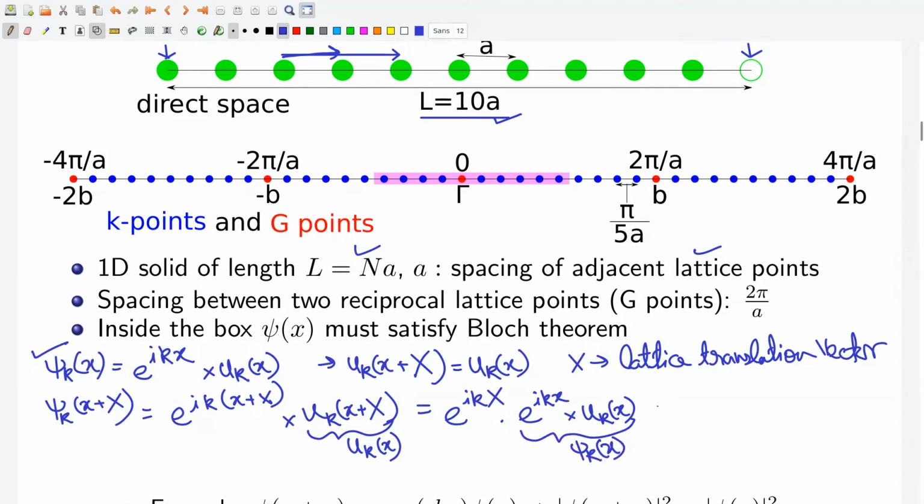Thus, we can write this is equal to e power i k capital X times psi k of x. And this is equal to psi k of x plus capital X.